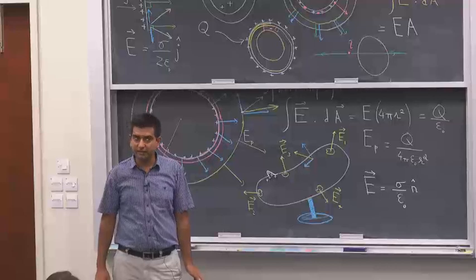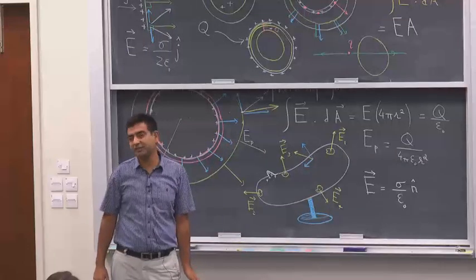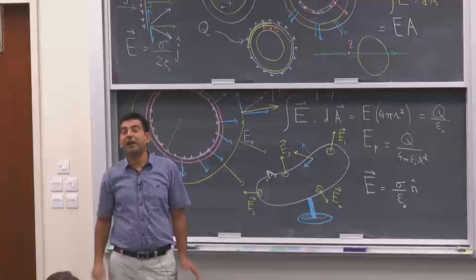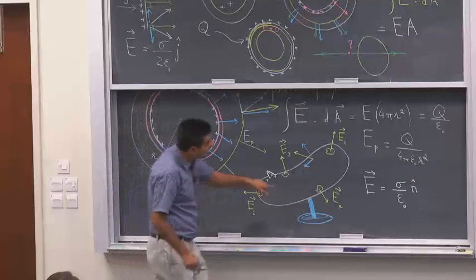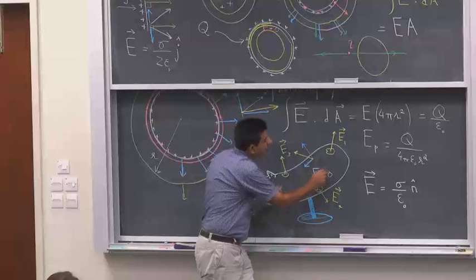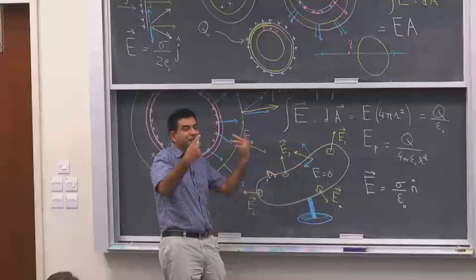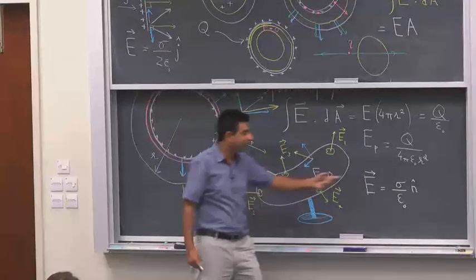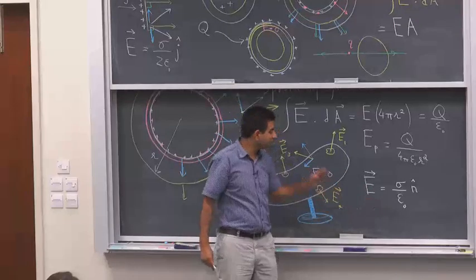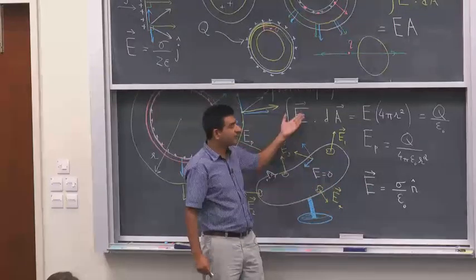This is a closed surface, but that's not necessarily the reason. Exactly, because there is no electric field inside. Inside this material, the electric field is 0. So at the surface, the discontinuity of the electric field is sigma over epsilon naught. Right? So there is no electric field inside, but there is electric field outside.